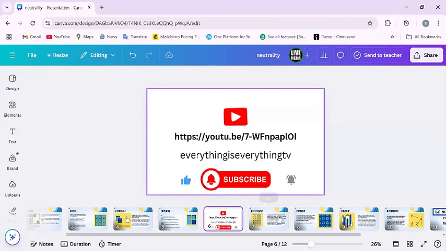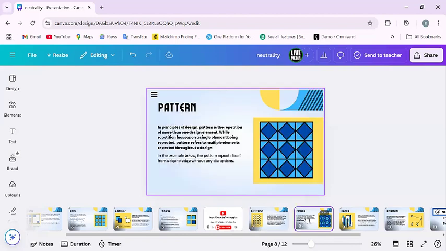Okay, so without wasting time, let's quickly jump into the lesson of today. Today we'll be discussing patterns. I know that as Africans, we know about patterns very well. Mostly Ankaras alone have all the patterns that you can think about, and they are even still generating new patterns till today. So the principle of pattern is the repetition of more than one design element.